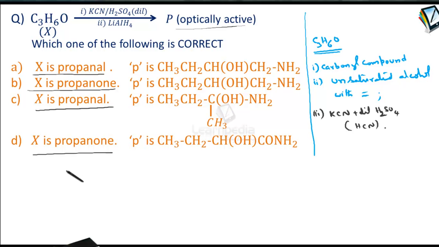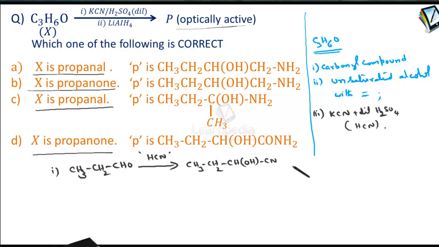If X is propanal, CH3CH2CHO, when we add KCN in the presence of sulfuric acid, indirectly it is HCN that will be added, which being unstable, is produced at the reactive site by allowing potassium cyanide to react with the dilute sulfuric acid, to give CH3CH2CHOHCN.